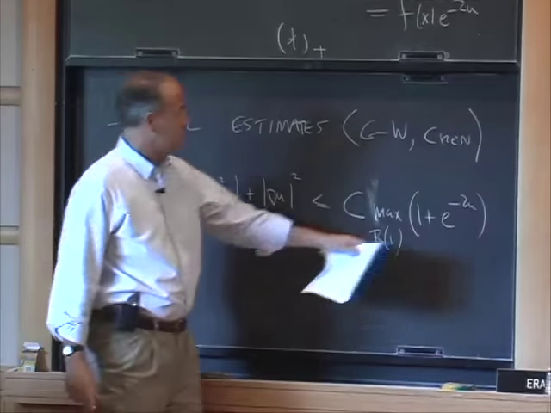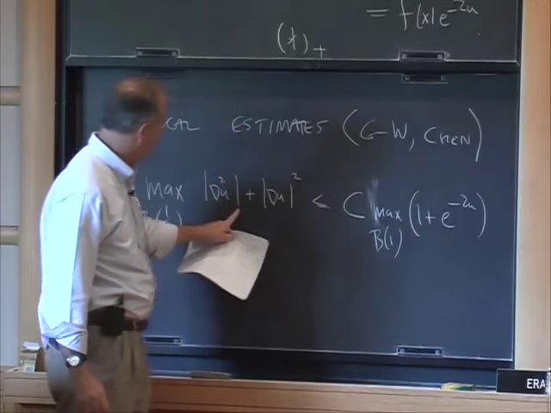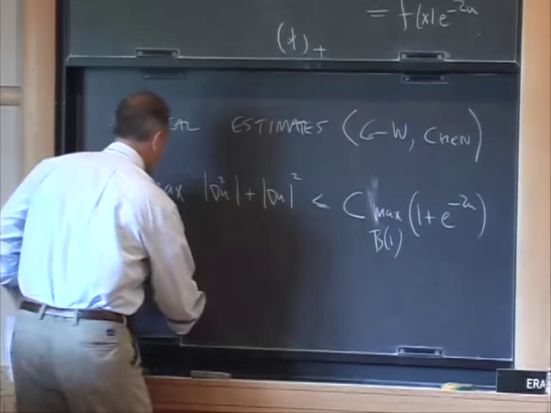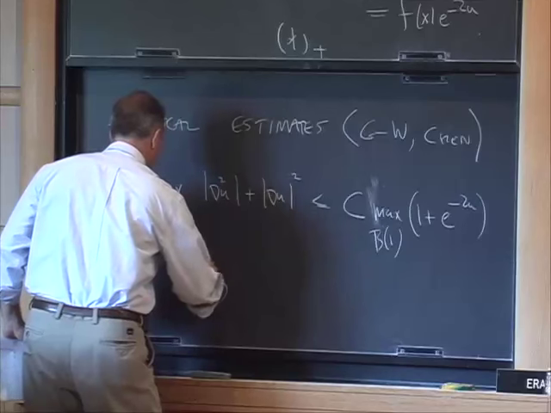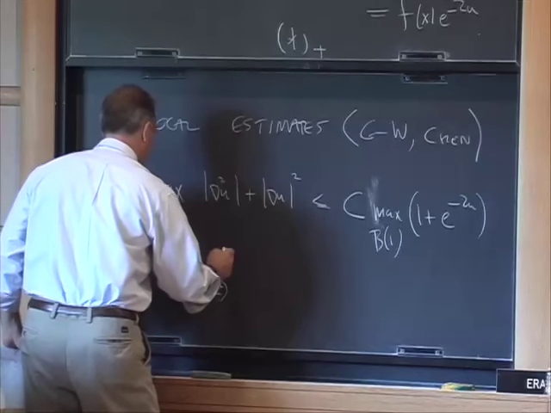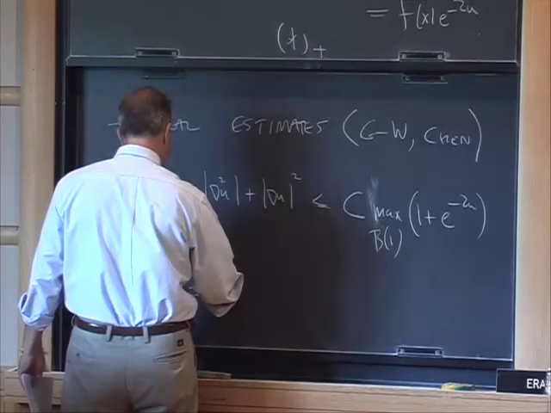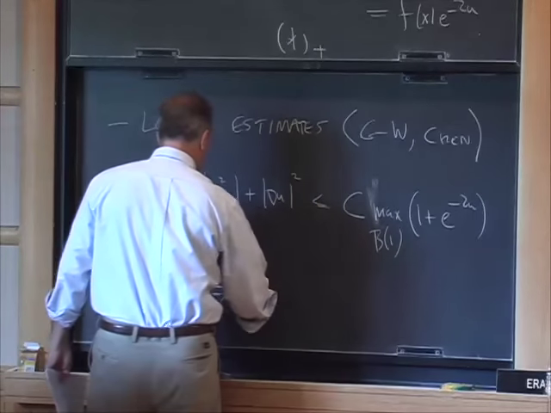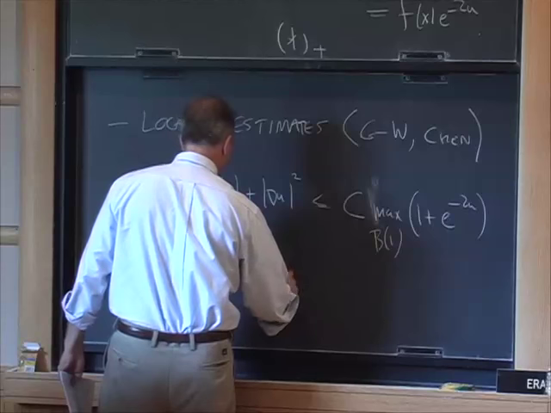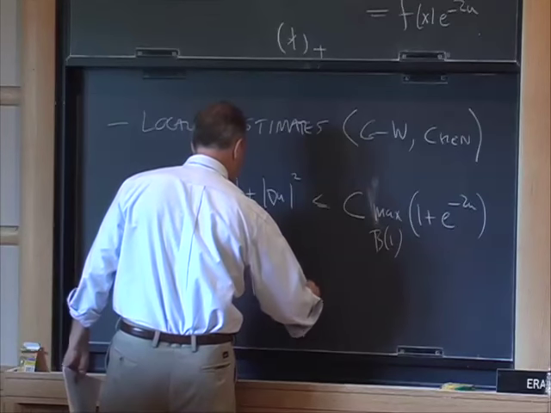So if you have a lower bound on a solution, that bounds the derivatives up to second order, and then by the basic results for fully nonlinear convex elliptic PDE by Evans and Krylov, you get bounds for derivatives of all order.